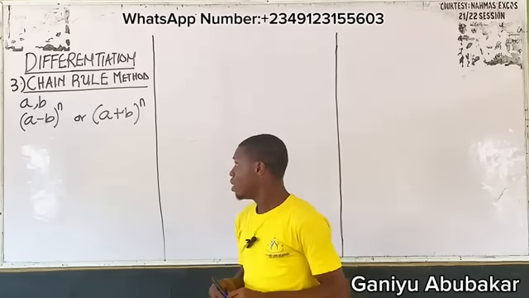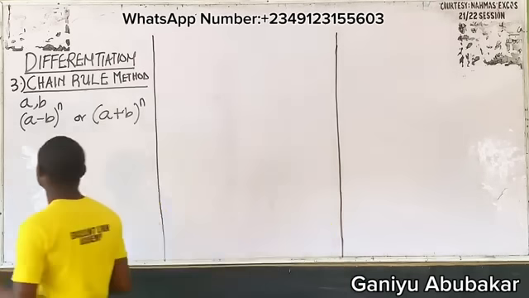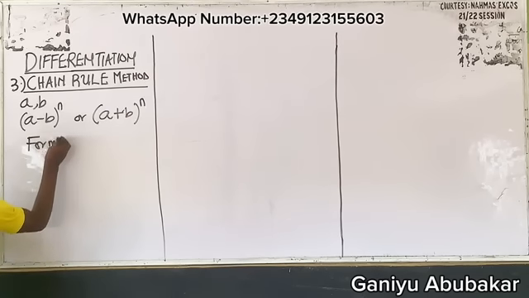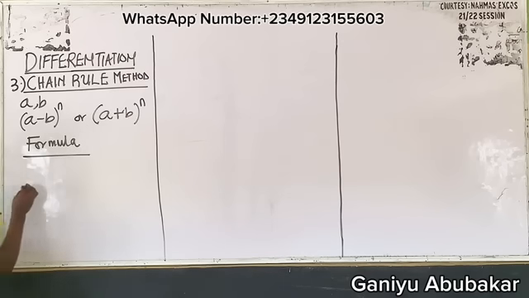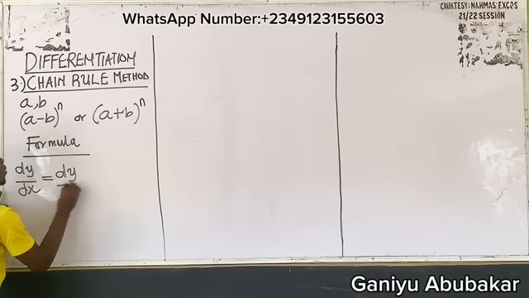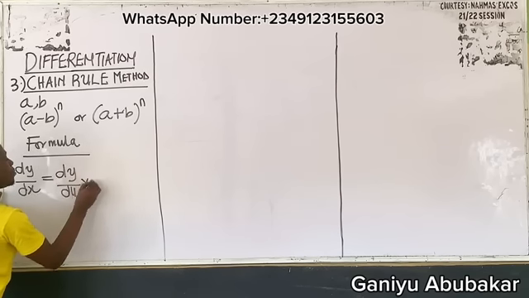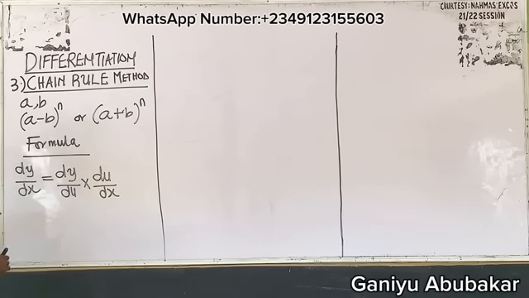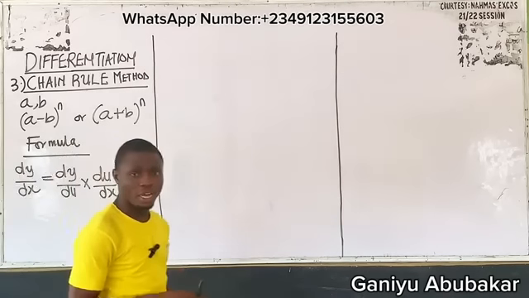Having said so, let's look at the mathematical expression for chain rule. The formula for chain rule is given by dy over dx is equal to dy over du times du over dx. So when it comes to chain rule, it has a formula.